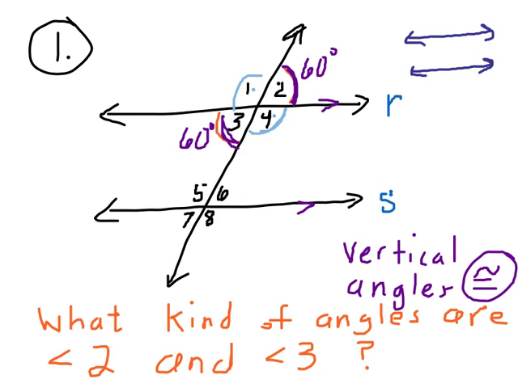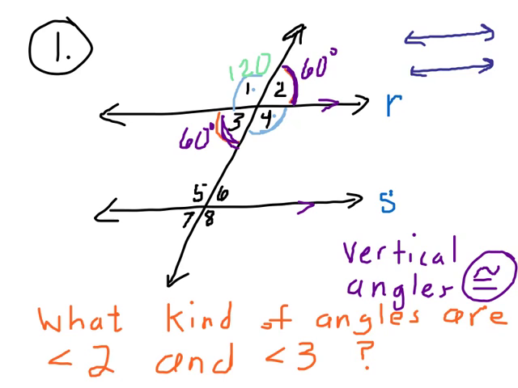If this is 60, then all of this, one side, must be, fill in the blank, 180, all this together. So we know that this has to be 120, because 120 plus 60 is 180.